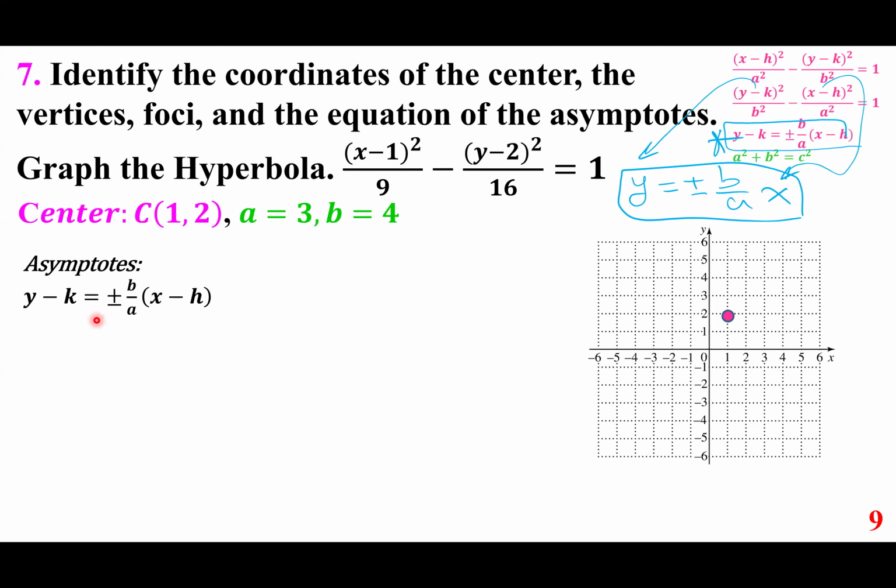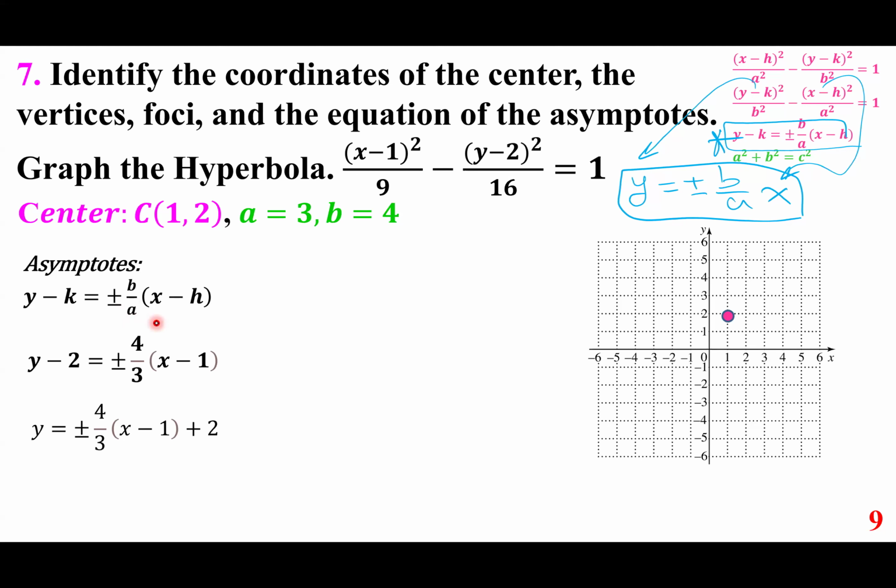So this is h, this is k. So this is y minus 2. This is x minus 1. B is 4. A is 3. So I can put the negative 2 to the right, becomes positive 2.